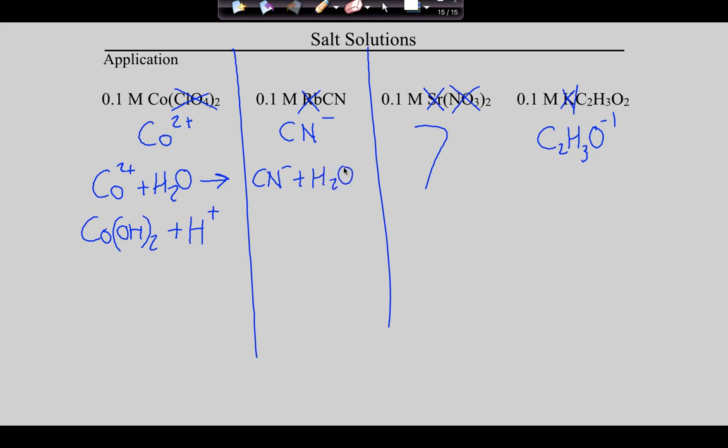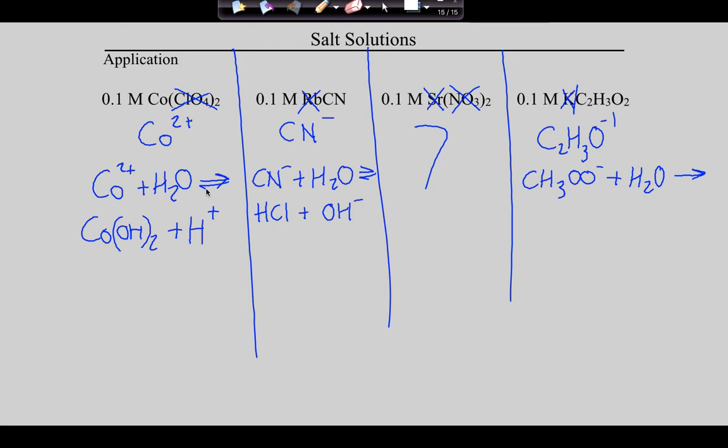It'll take an H, and it'll form HCN, and it's going to release OHs. We've already established that this salt does nothing, the third one. Well, what about acetic acid, acetate ion? What will it do to water? Oh, whoa, because these are equilibrium. Sorry. It'll take what? An H. So it'll do this.